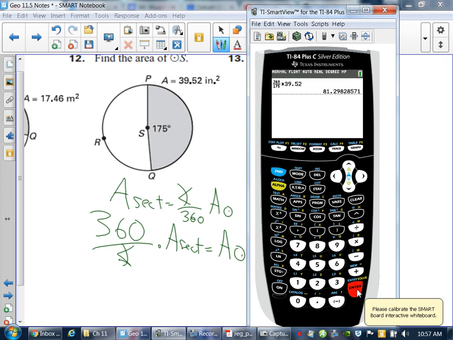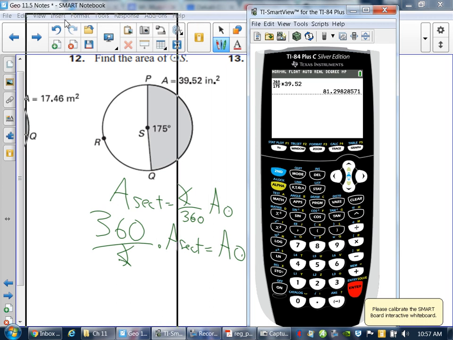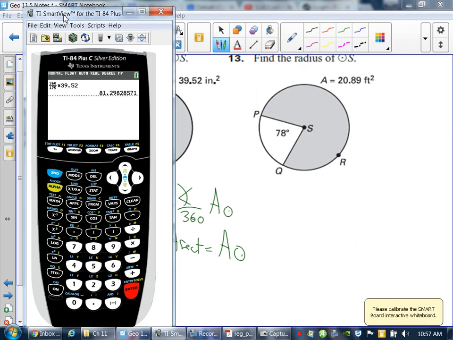Now, what's going to change for the next one is that it's asking me to find the radius of this circle, given the area of the sector and the central angle of the non-shaded region.